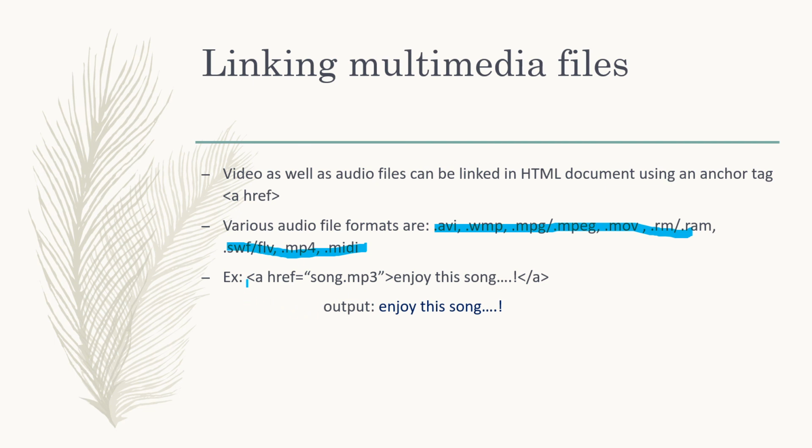Here is one example of how we can insert audio or video in our web page. So first is href. Along with that I have given the name of the music file, with the extension.